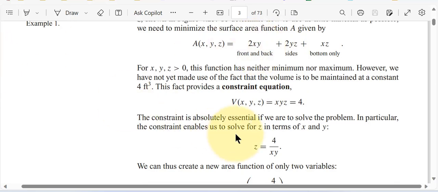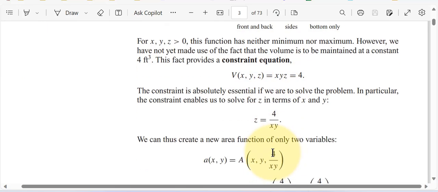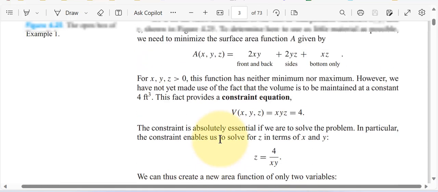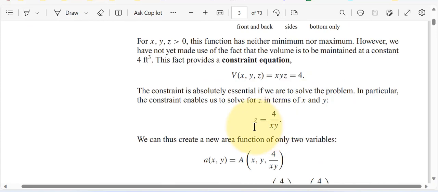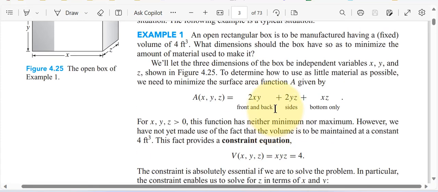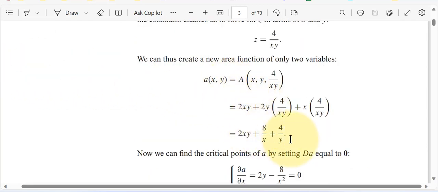But they say, since we have a constraint, we can write it like this. Then we can take our area function and replace z by this. So what we'll have is a new area function given only in terms of x and y, which, when you do all the work, you end up with this.